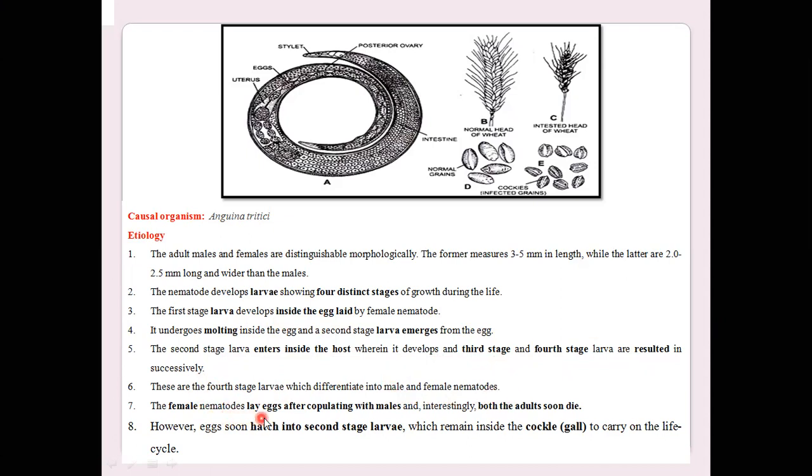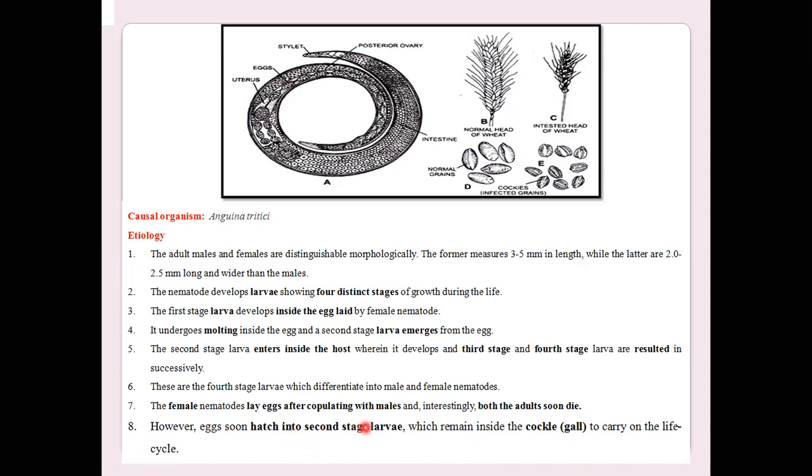Female nematodes lay eggs after copulating with males, and interestingly both the adults soon die.